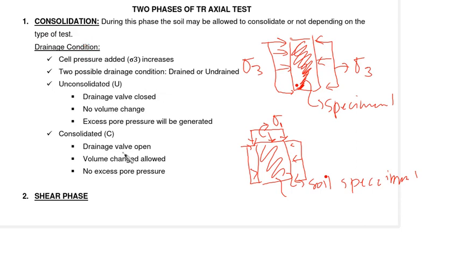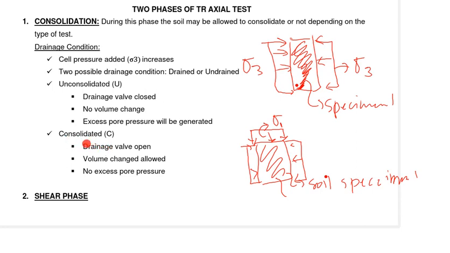If the valve is open, this specimen is free to drain, and we will call this phase consolidated and use the letter C as its label. So if our specimen is open and free to drain, our soil is consolidated.